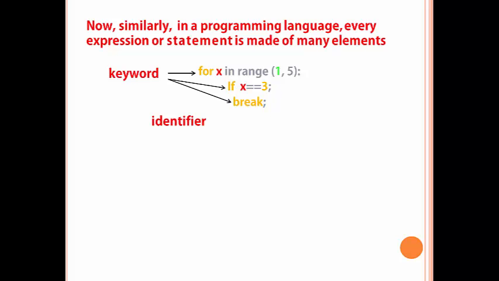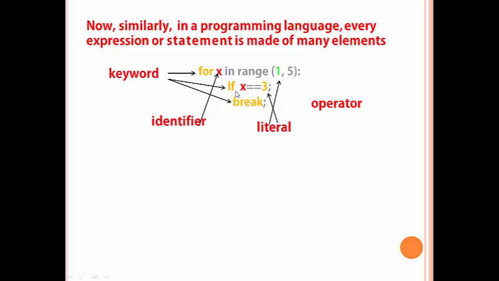And next is your identifier. Identifier is the name of variables or objects. So here x is the identifier. Next here comes the literal, as the values, the fixed values. There are 1, 5 and 3, these are literals. And then there is an operator also.